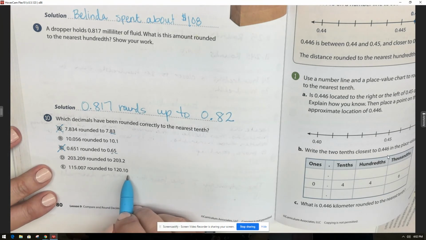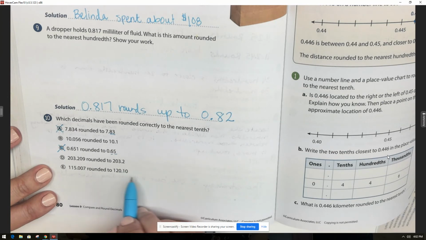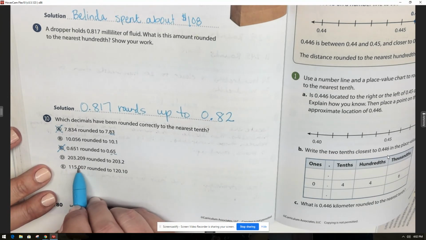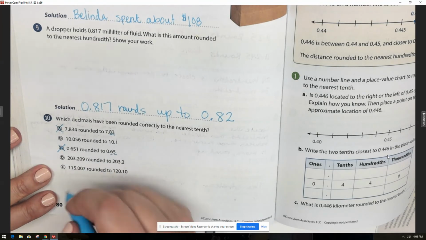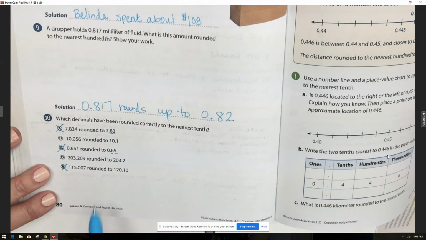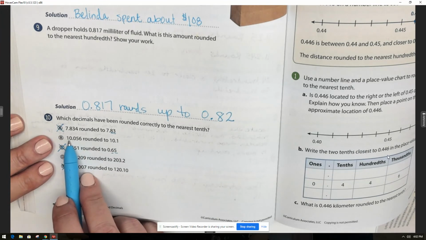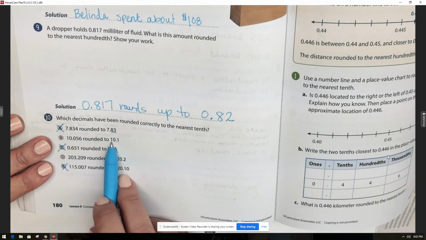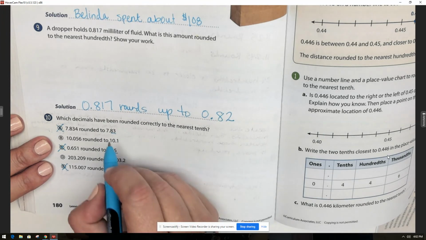And then down here, there's a number in the tenths and there's a number in the hundredths. So this is still going to say 10 hundredths. So that's not going to round us to the nearest tenth. Plus, this 115 is different than 120. So that one can't work. So let's check these other two. 10 and 56 thousandths. Is that rounded to the nearest tenth?